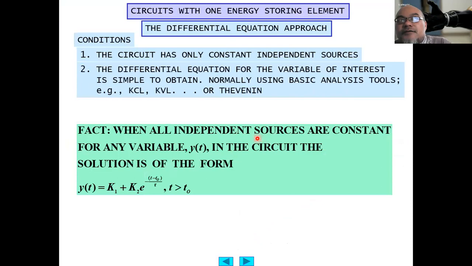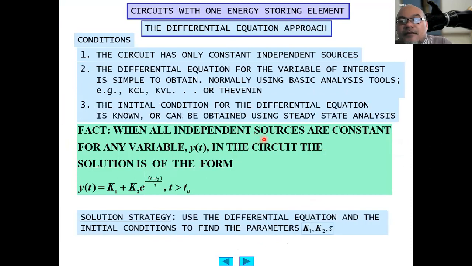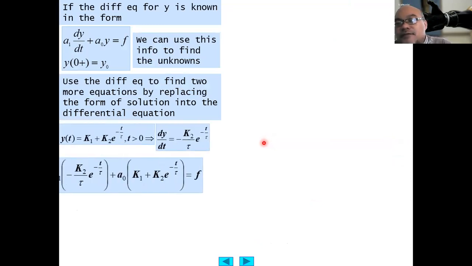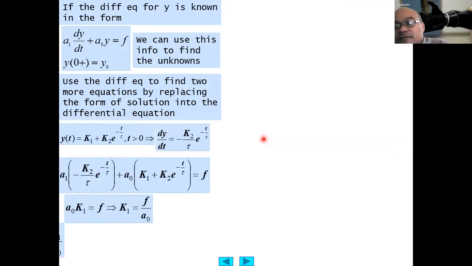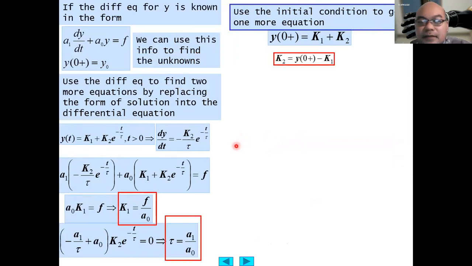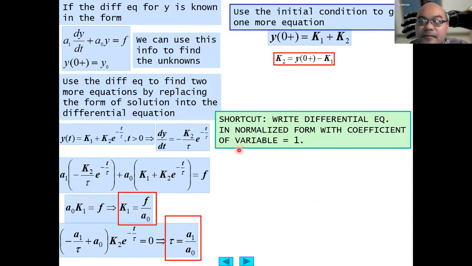So the constant that is multiplied to the first derivative of the variable will become the time constant, tau. In tau dy/dt, tau will be obtained from A1 divided by A0.